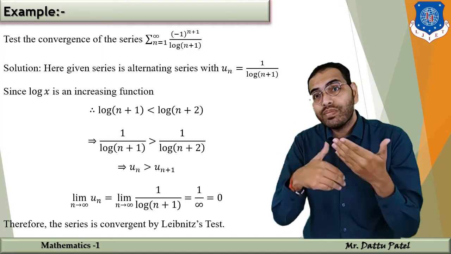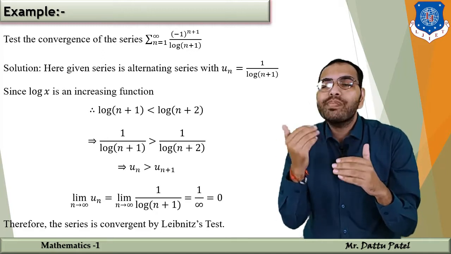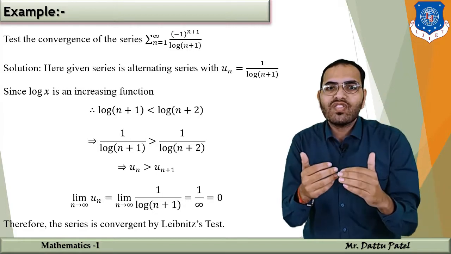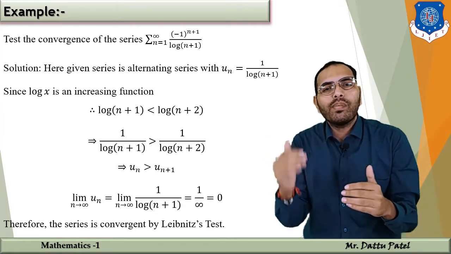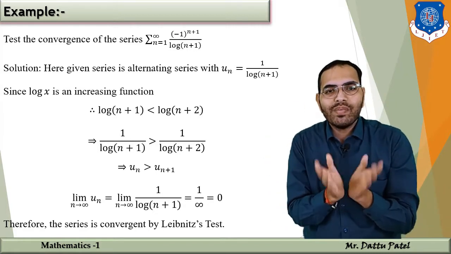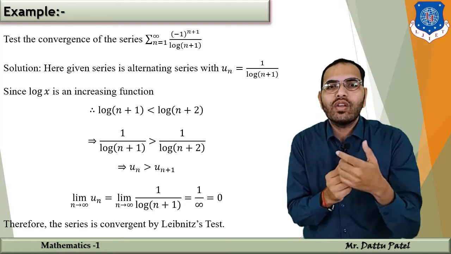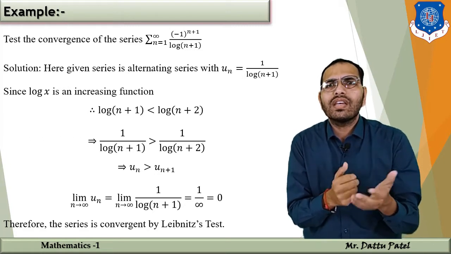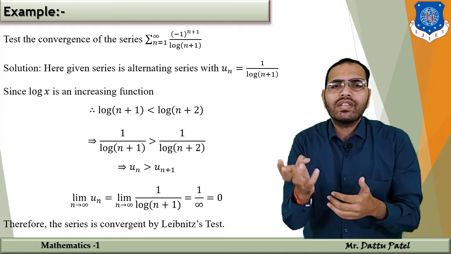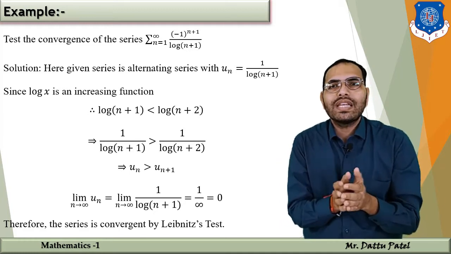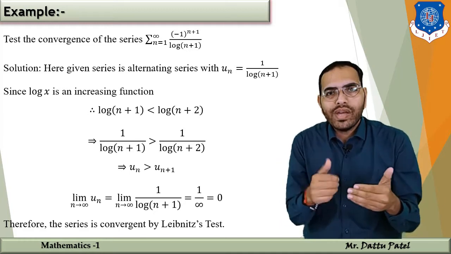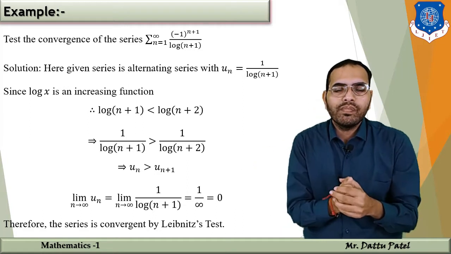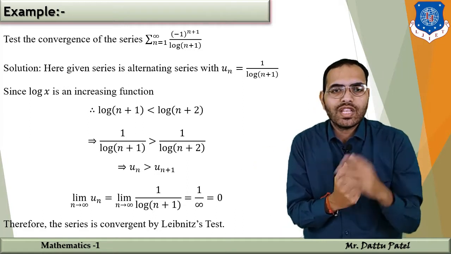Now taking the reciprocal, 1 upon log n plus 1 is greater than 1 upon log n plus 2. That means un is greater than un plus 1, or un plus 1 is less than un. That means each term is numerically less than its preceding term. The first condition is satisfied.